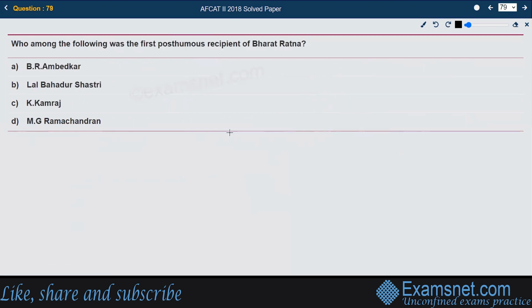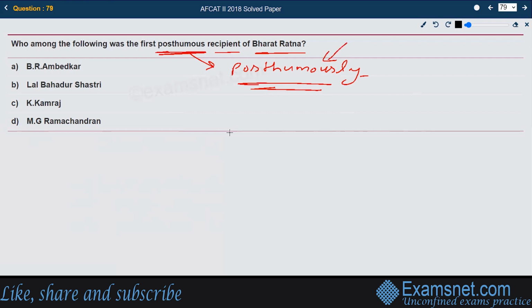Now the next is, who among the following was the first posthumous recipient of Bharat Ratna? Posthumous means that if somebody is dead, an award is given to him. If somebody gets the award because of his respectable works after his death, he is called to have been given a posthumous award.